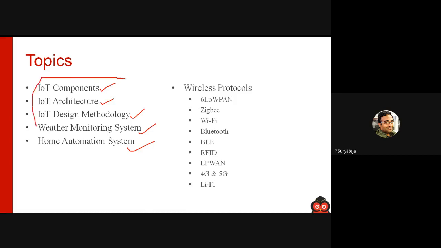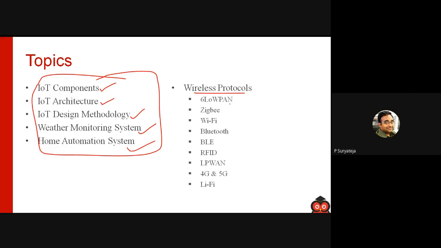So this is the first part of the second unit, and the second part is about wireless protocols. Here the listed things are examples of wireless protocols we are going to look at in the second unit.